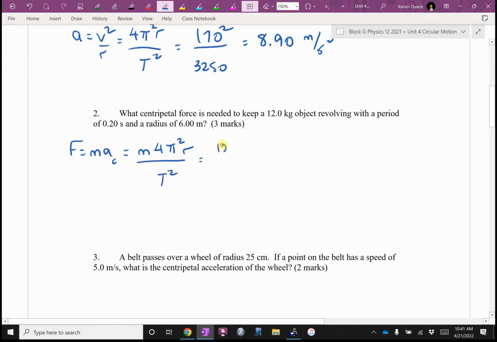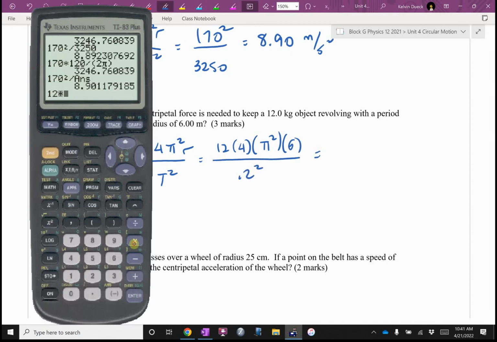It's going to be 12 times 4 times pi squared times 6 all over 0.2 squared. And I got 71,100 newtons.